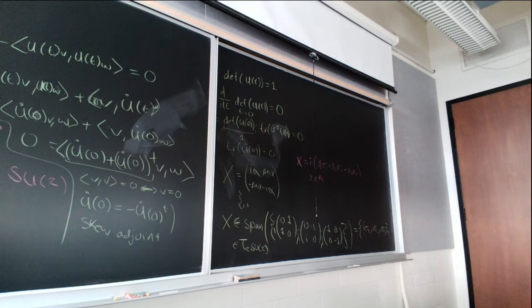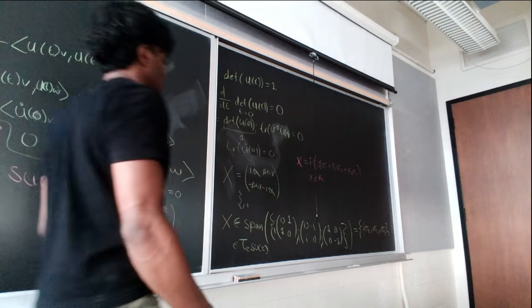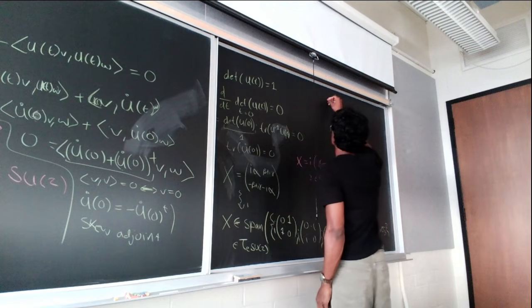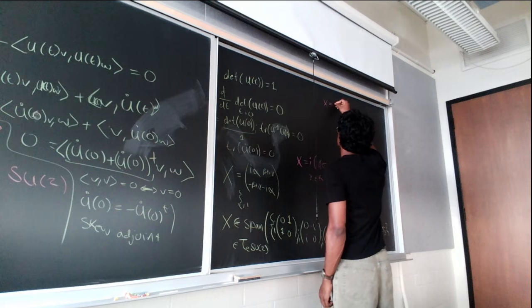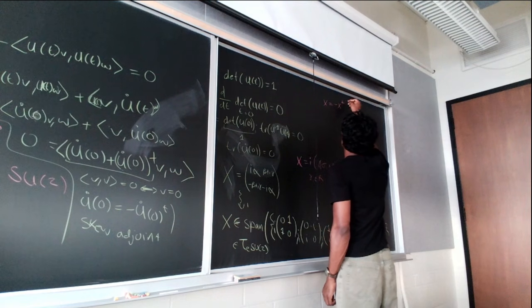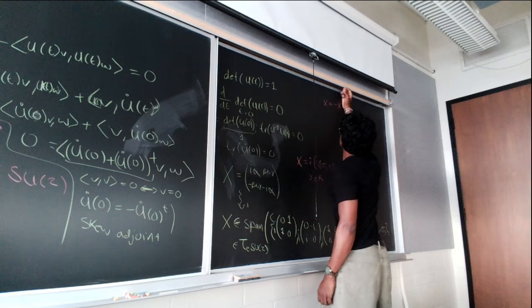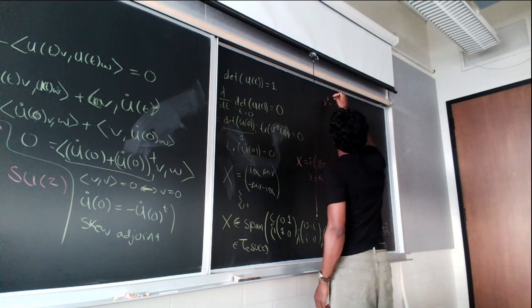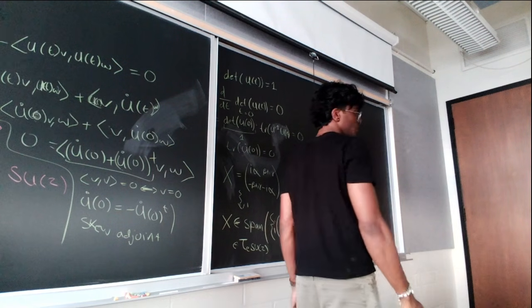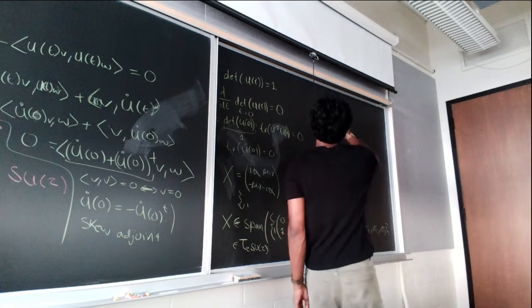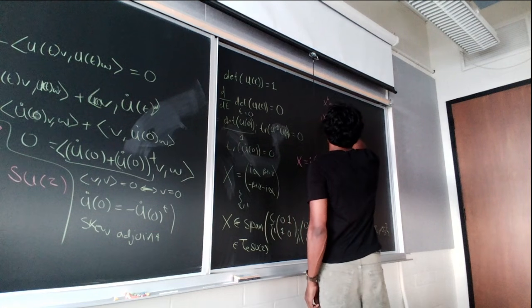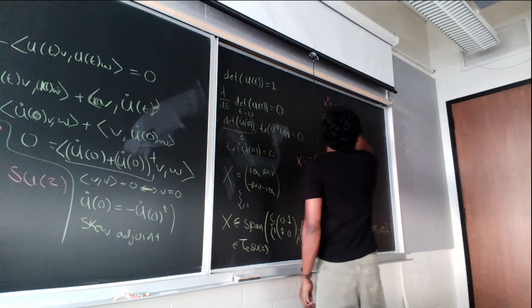Okay, let's do the following exercise. Suppose you have a matrix X which is skew adjoint. Write down the condition for being skew adjoint. Good. Now look at I times X, and take the adjoint, the Hermitian conjugate.